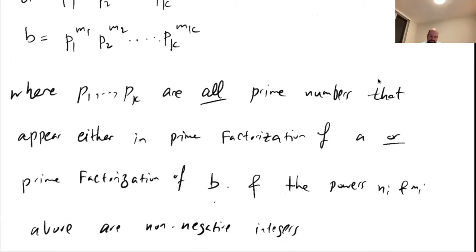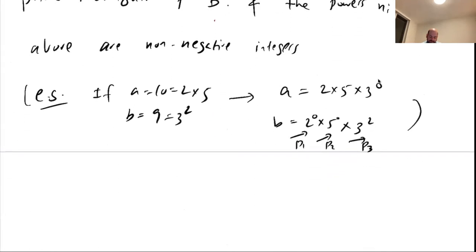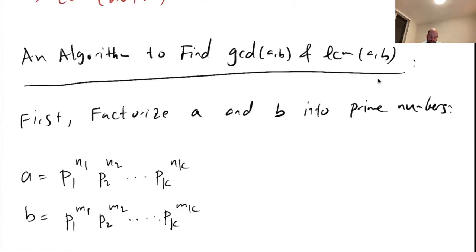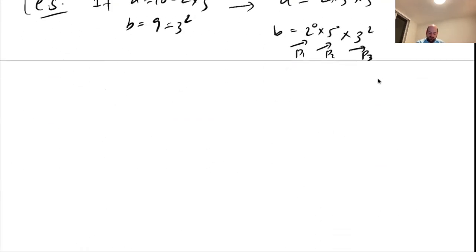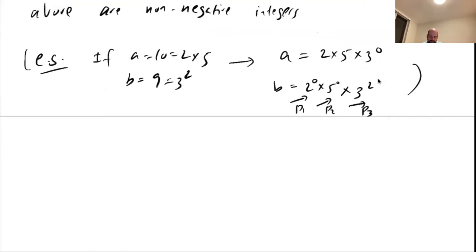Okay. So remember I'm trying to give an algorithm or recipe to find GCD and LCM of two numbers. So the very first thing that you should do to find GCD and LCM in this method, first factorize them into prime factors, each one to some power. Then I want to tell you what GCD and LCM would be.